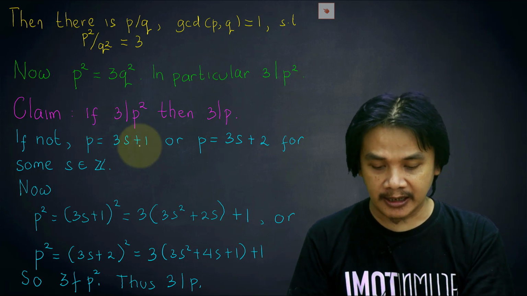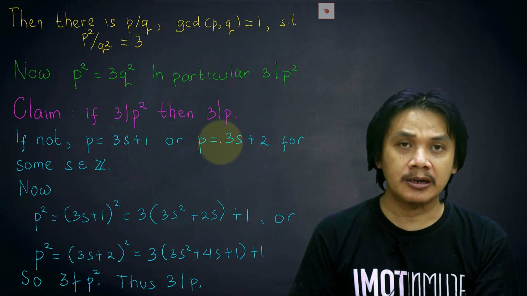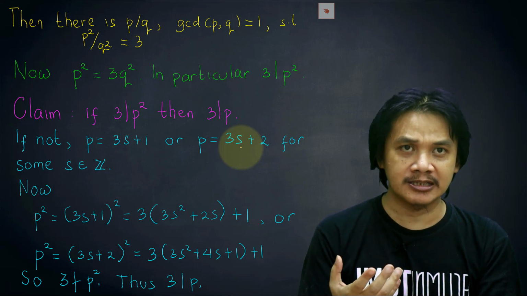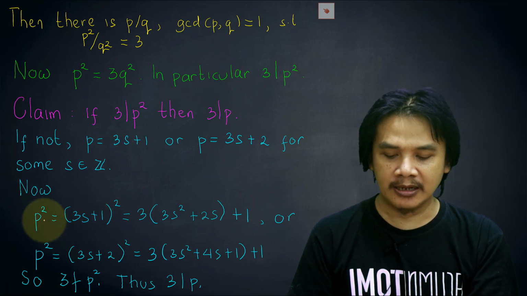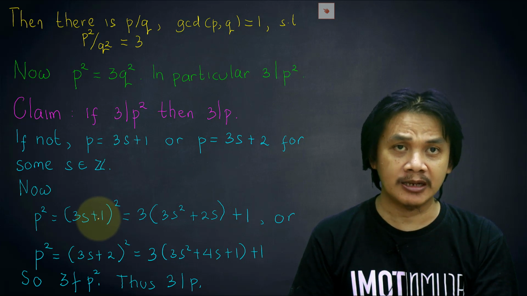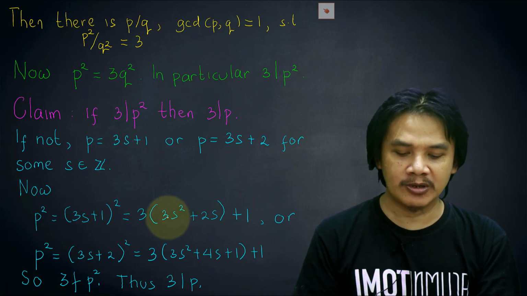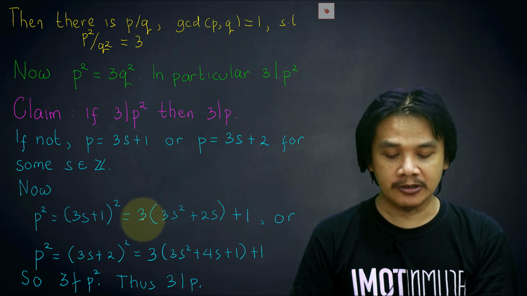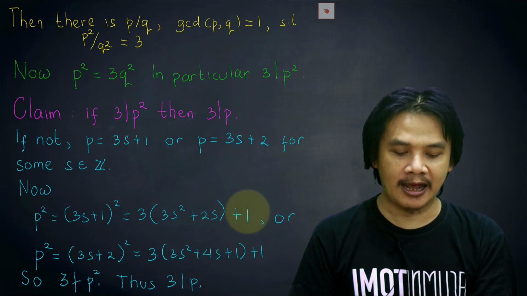So we are in the situation that p is written as 3s plus 1, or 3s plus 2. Now what happens if we square this number? Let's take the first situation, when p is equal to 3s plus 1. When we square that p, we get 9s squared plus 6s plus 1, which can be written as 3 times (3s squared plus 2s) plus 1.